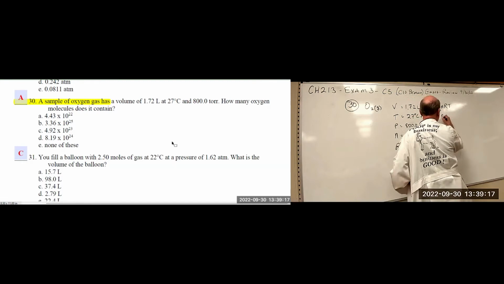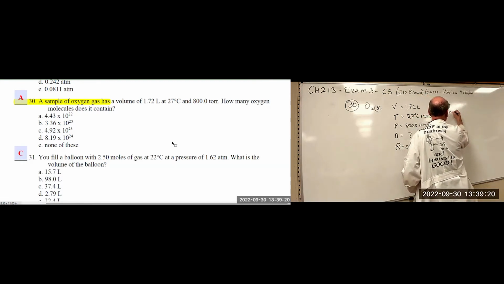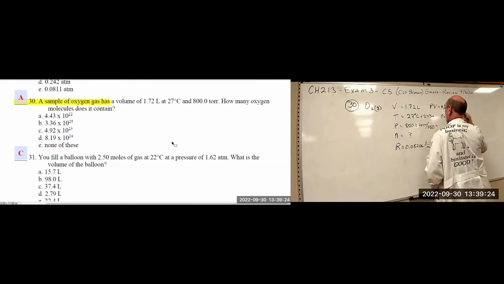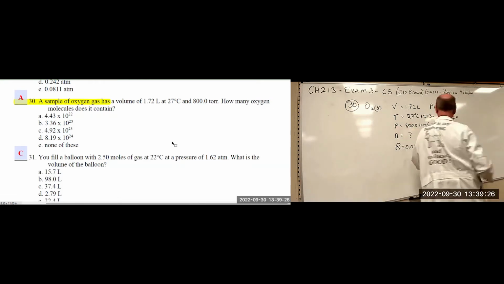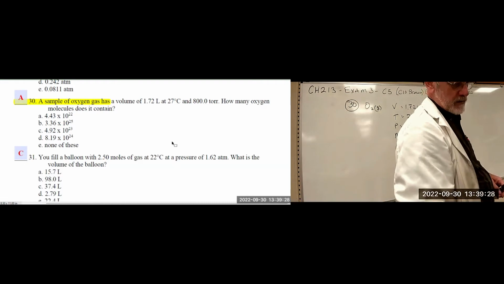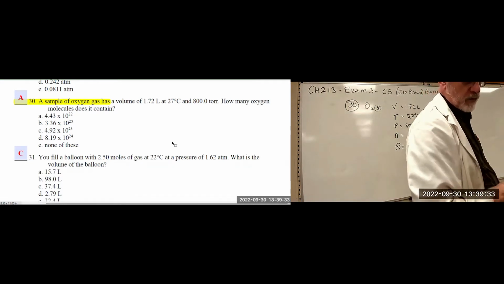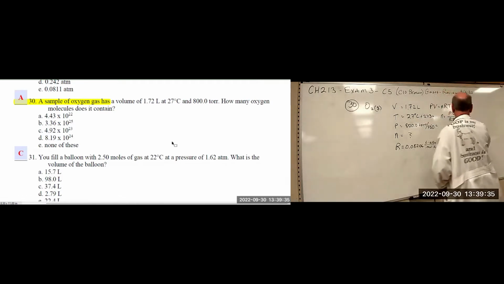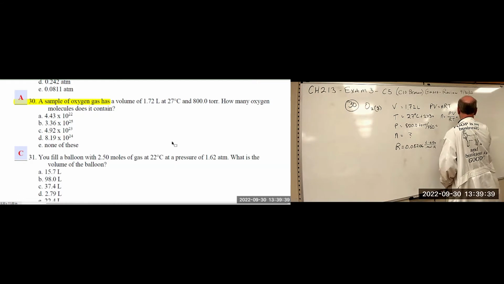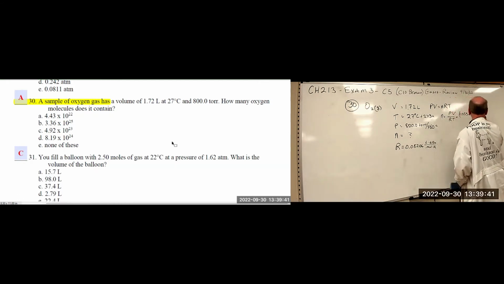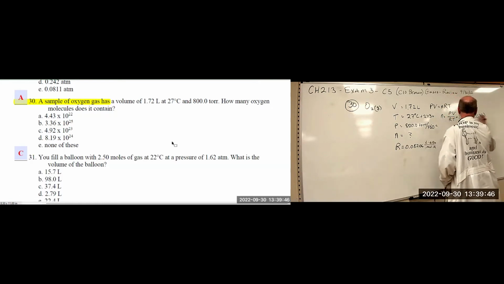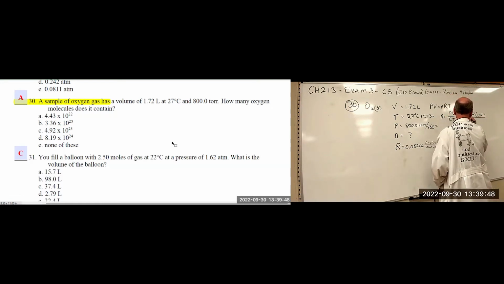So let's solve this one for moles. That's PV over RT. Pressure is going to be 800 divided by 760, 1.053 atmospheres. Volume is 1.72 liters. R is this one.